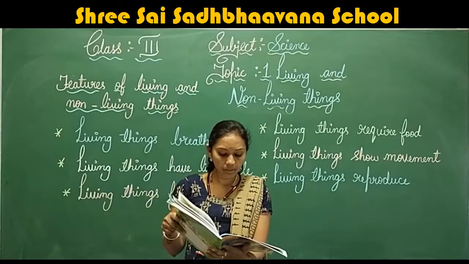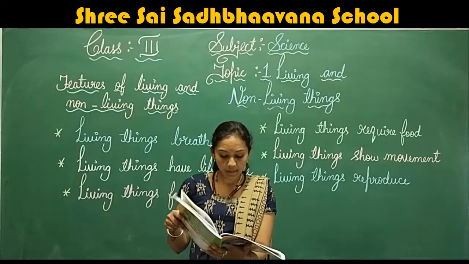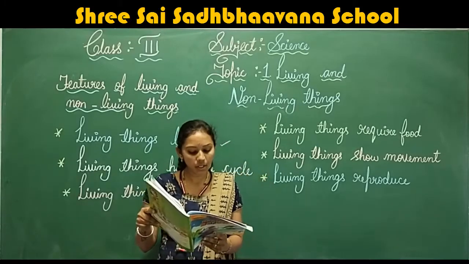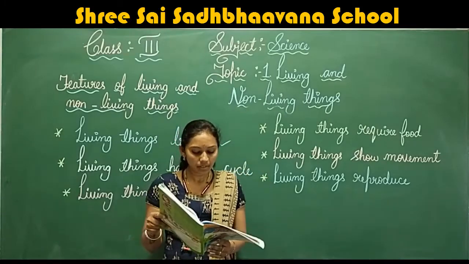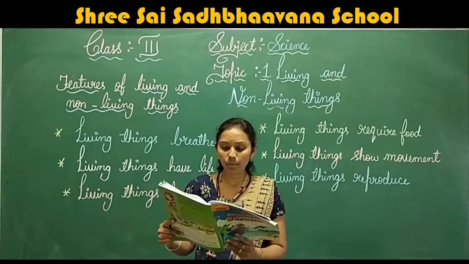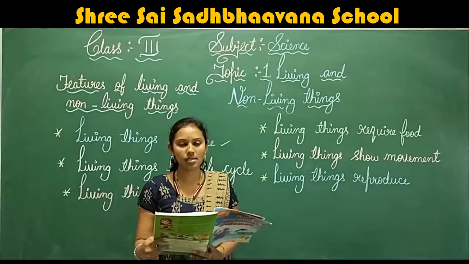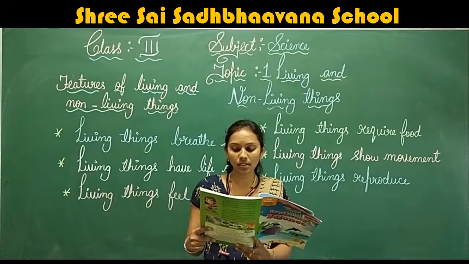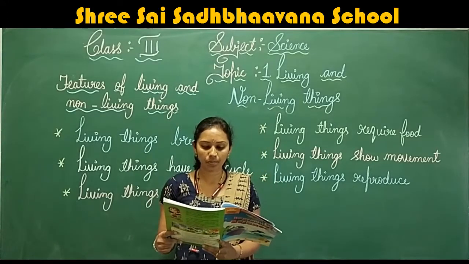Fish breathe through gills. Plants breathe in carbon dioxide and breathe out oxygen. They use carbon dioxide in the process of photosynthesis. Plants breathe through tiny pores present under the leaves called stomata.